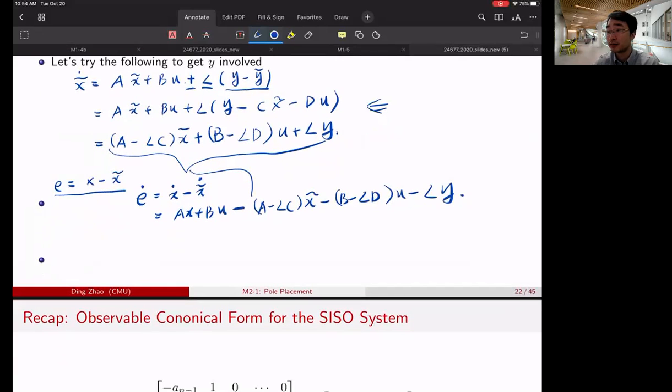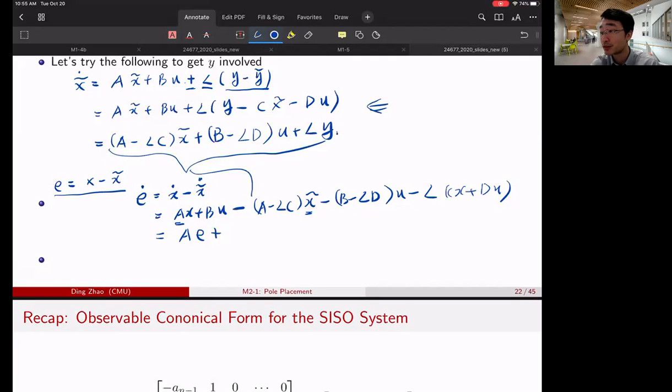So do some simplification again. y is just Cx plus Du. Do some simplification so that you can see x. We have A, we have x tilde, so that should be A times (x minus x tilde), which is just E. Plus u, combine everything about u.